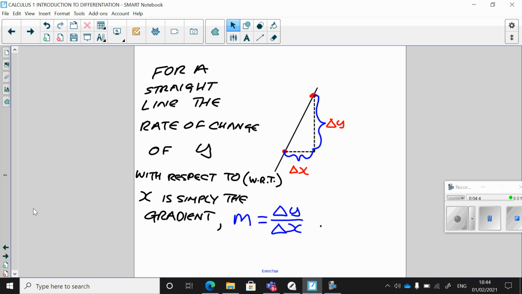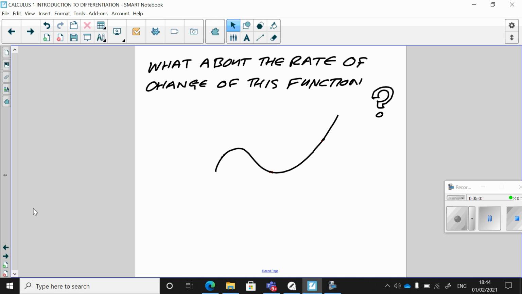That's brilliant for a straight line. So coordinates of 2 points, you can put them in there and get change in y over the change in x. That's fine for a straight line, but what about the rate of change of the graph of this function here?